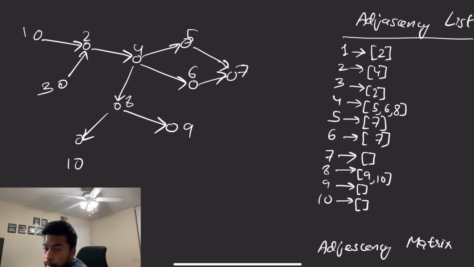Now you can make it even more complicated. What if you have weights on the edges? Let's say you're trying to represent a map, a 2D road network using the graph, but you have weights on the edges, meaning let's say each node is a city, and to go from city 1 to city 2, you need to travel 3 kilometers, but to go from 3 to 2, you need to travel 4.